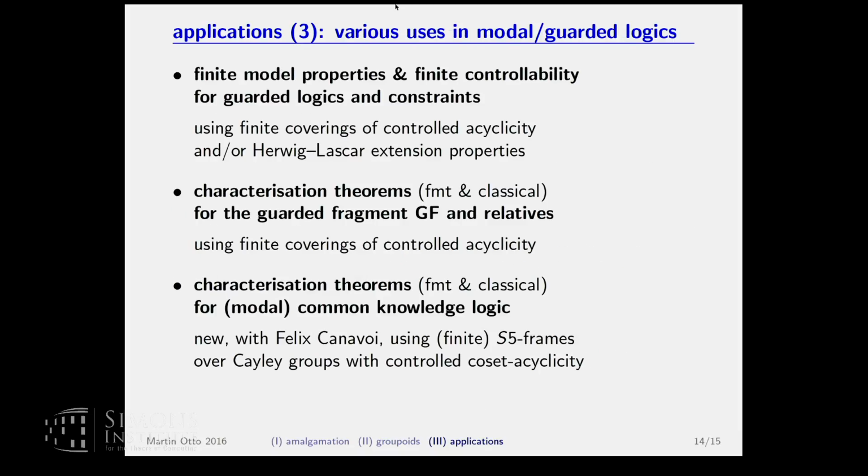Right, and then this has various uses in modal and guarded logic, some of which were already briefly referred to in Erich's talk this morning. Finite model properties and finite controllability questions for guarded logics and some of their relatives can be treated if you subject the corresponding models or plans for building models to this kind of generic realization that avoids short cycles.